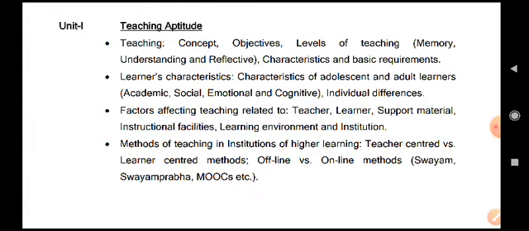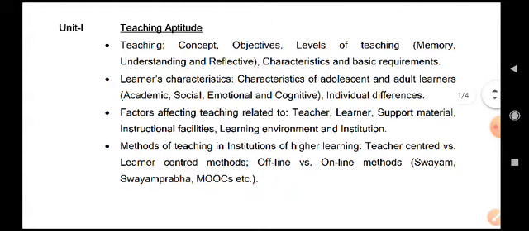Factors affecting teaching related to the teacher, learner or the support material used in teaching, the instructional facilities and learning environment and institutions. These are some other topics which come under this unit.